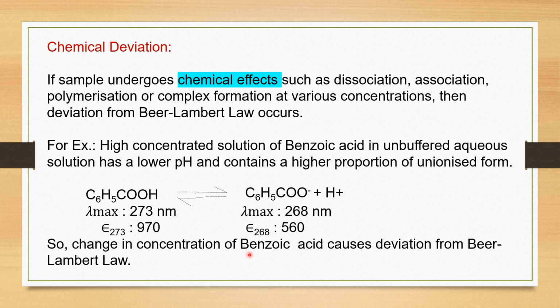So change in concentration of benzoic acid causes deviation from Beer-Lambert law. So to obey Beer-Lambert law, for the solutions used in UV visible spectrophotometer, the pH is to be adjusted and also lower concentrations are to be used.